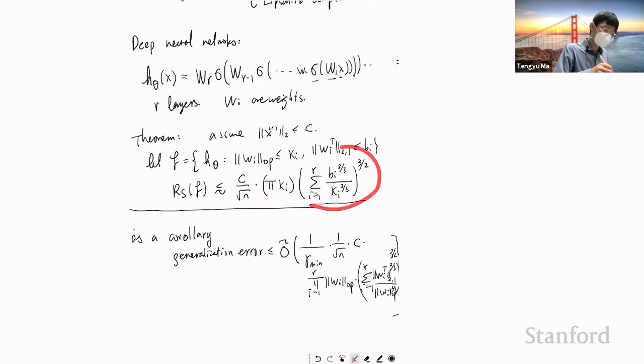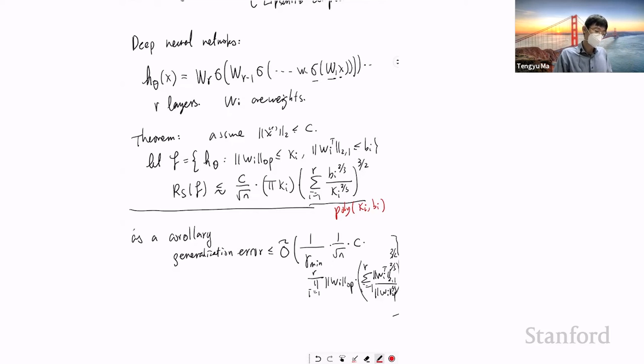There's also this other term, which you can think of as a polynomial in kappa i and bi. That's not really important, because the product of the operator norms will probably be the dominating term, and the polynomial in bi and kappa i is relatively small.